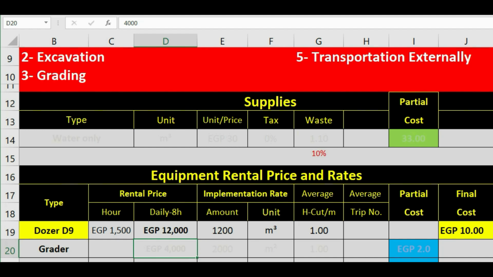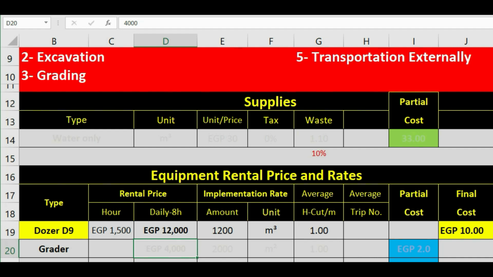The implementation rate of such a dozer ranges from 1,000 to 1,500 cubic meters of excavation, depending on the mechanical condition of the equipment, nature of the soil to be excavated, and operator experience and skill.